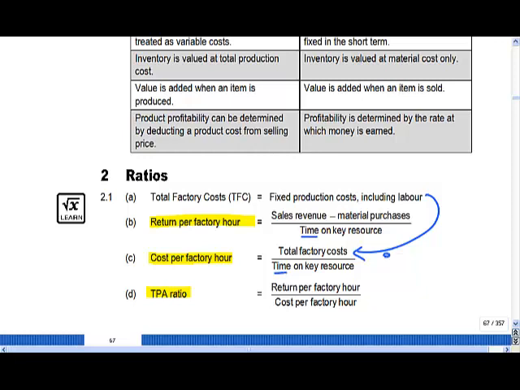Total factory costs are basically everything except materials, and materials are the only short-term cost, everything else is deemed to be fixed. So bring everything else into there, and then your throughput accounting ratio is the combination of those other two ratios.